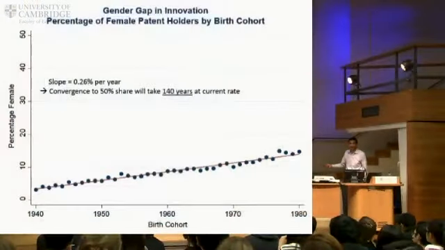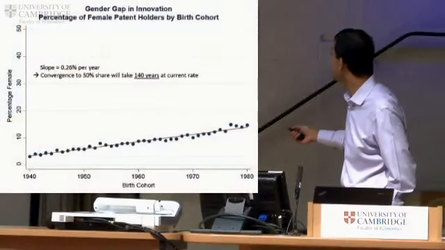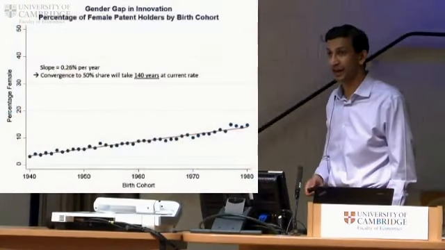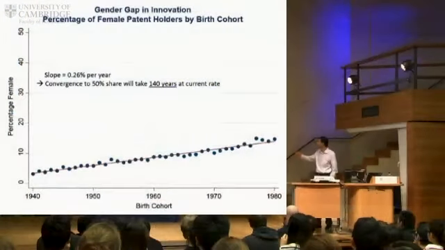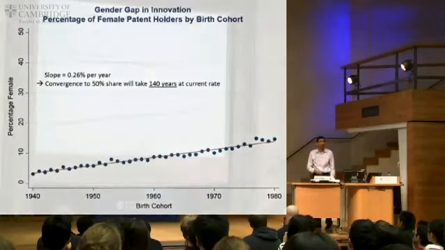That has gone up over time. It's steadily increased, but it's only at about 14% today. And so at the rate of increase that we've seen of about 0.25 percentage points per year, that implies that it's going to take another 140 years to get to a point where you have a 50-50 share.